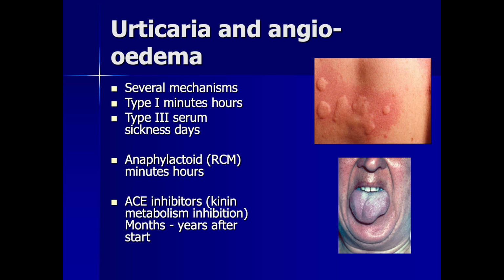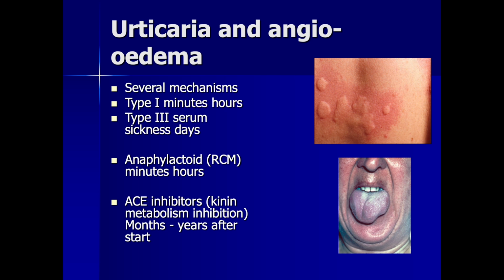We can see what are called anaphylactoid reactions. So an example of a drug producing this would be a radiocontrast medium. So these agents will produce what almost looks like an immediate hypersensitivity reaction, but it's not mediated immunologically. It's a direct effect of the drug causing degranulation of mast cells without involving IgE.